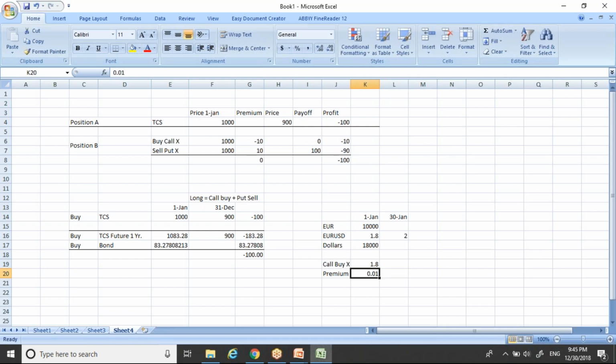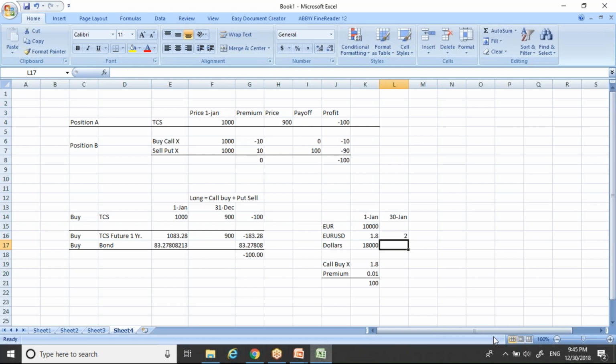So your total cost would be, for this many euros, around $100 you have to pay for this position, just $100.